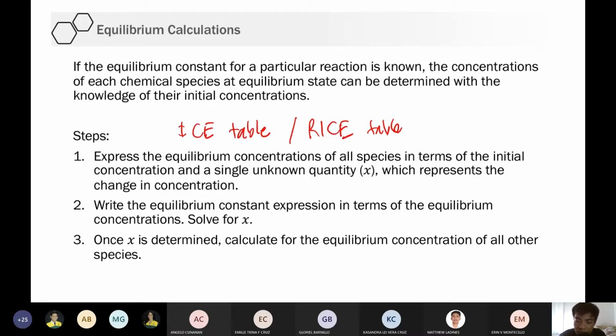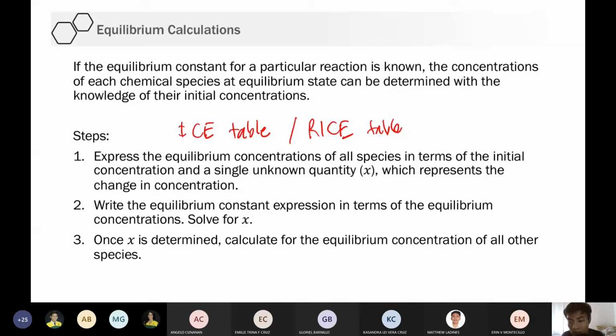This table allows us to see the changes in the amounts of our species, by how much they change as they try to achieve equilibrium.